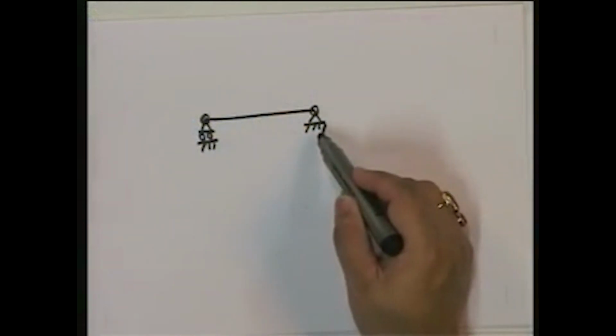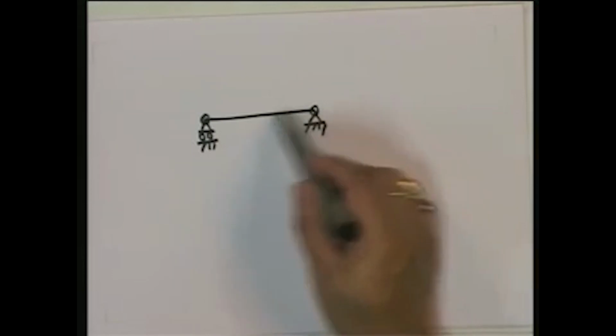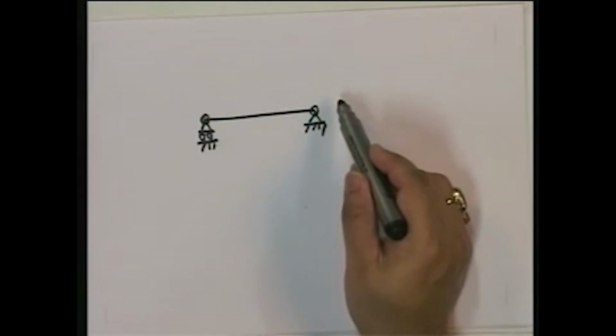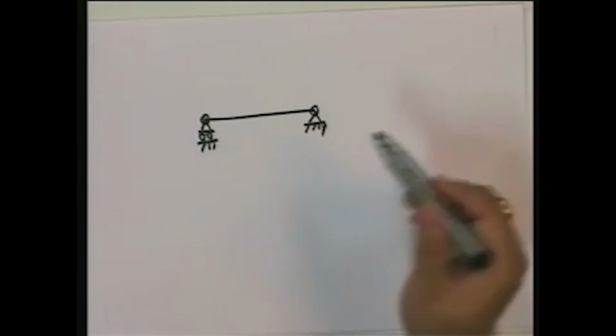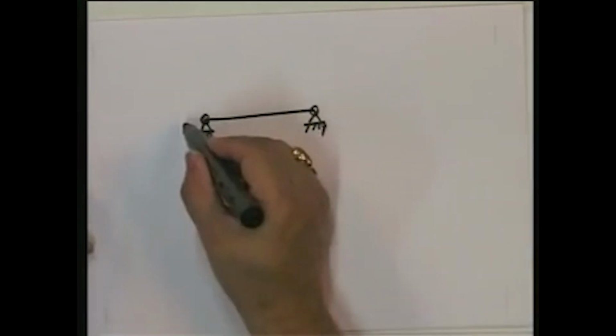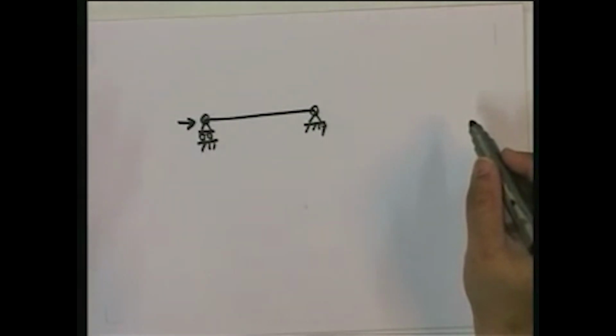Let me define that there are how many? 3 restraints. So if you use the truss model, 2 into 2, 2 nodes, 2 degrees of freedom per node, that's 4. And there are 3 restraints, 2 here and 1 here, and 1 degree of freedom. What is that 1 degree of freedom? This one. Is that correct? Is this a single kinematically indeterminate structure, a single degree of freedom?